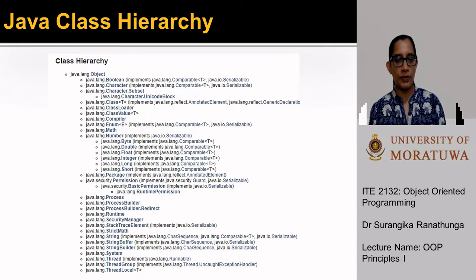From the number subclass, we have the byte subclass. And if you look at the permission, permission extends the object, and then basic permission extends permission, runtime permission extends permission, as you can see. So subclass and superclass create a hierarchy of classes in Java. And at the very top, we have the object.